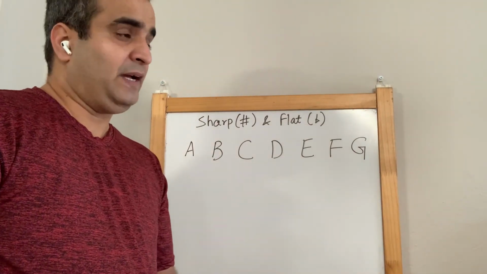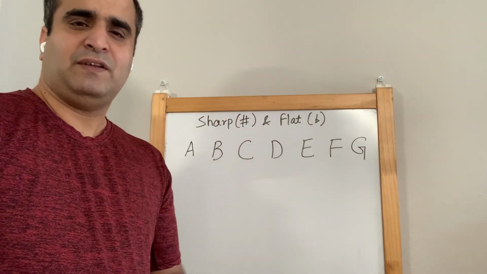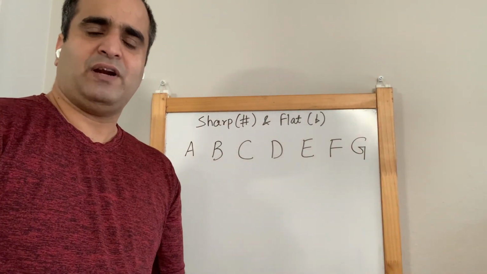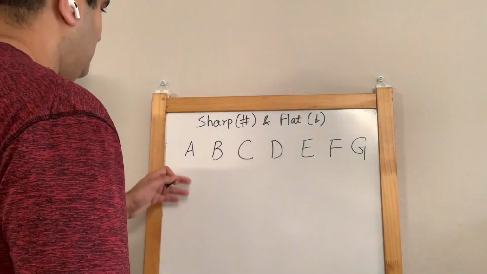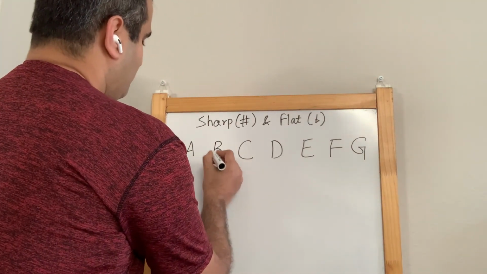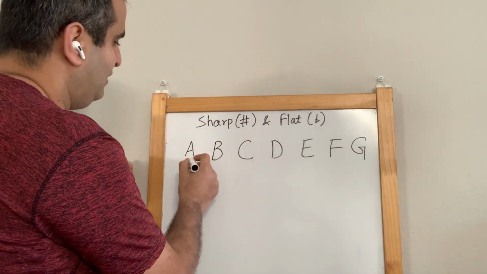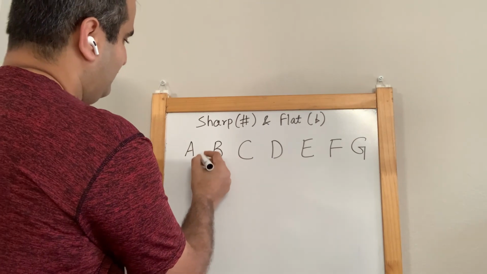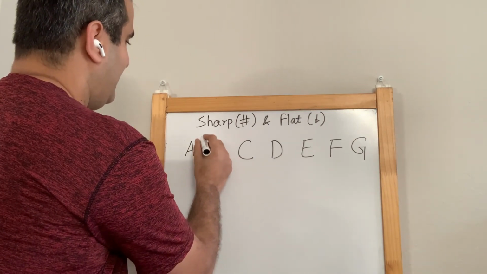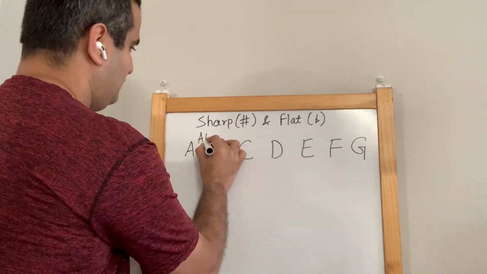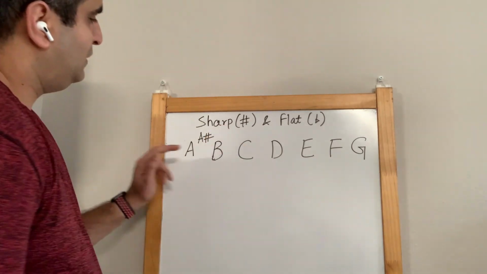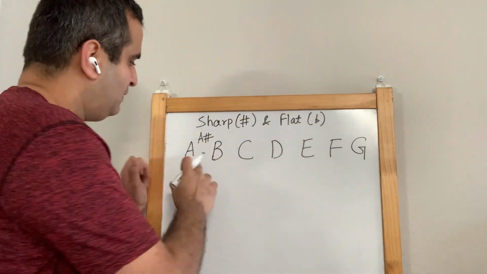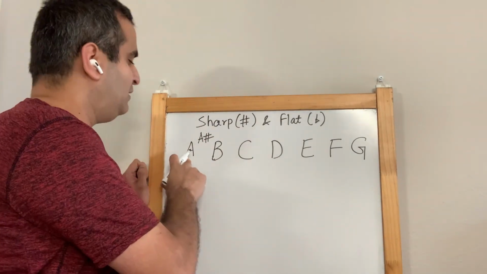Once I show you how this will be translated on the fretboard on the guitar, you will understand this even better. Okay, so there is a note between A and B. That is basically represented as A sharp. Sharp is nothing but the next note after a given note.